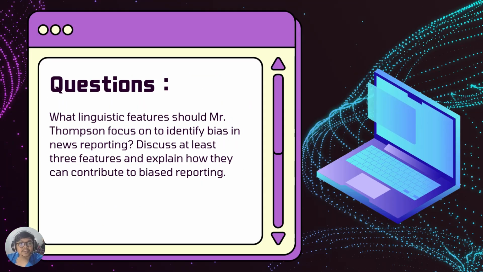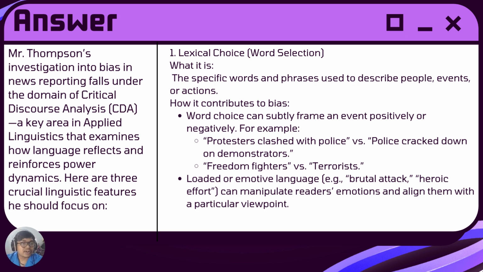He also considers the impact of these linguistic choices on the audience's understanding and interpretation of the news. So, the question is, what linguistic features should Mr. Thompson focus on to identify bias in news reporting? Discuss at least three features and explain how they can contribute to bias in reporting.